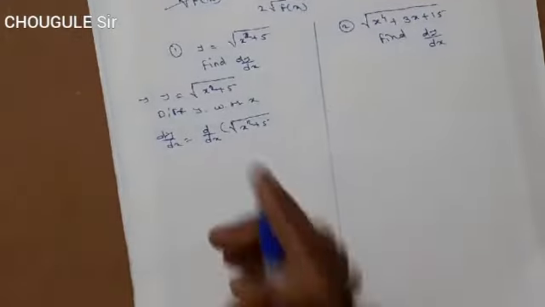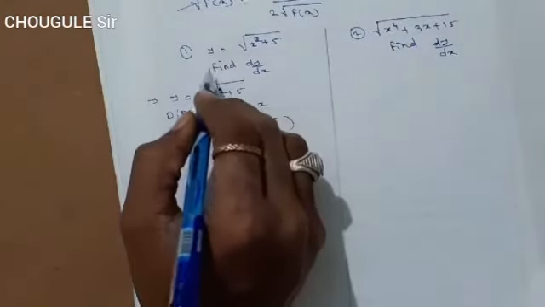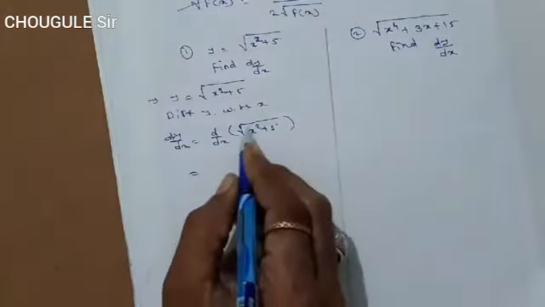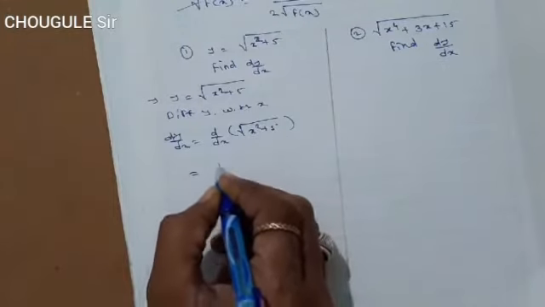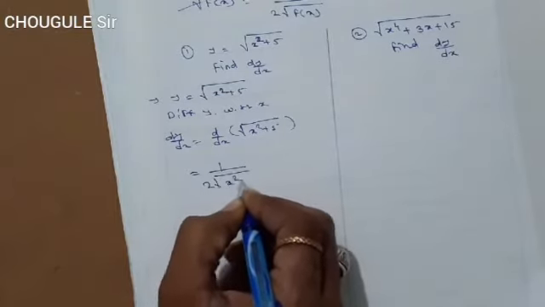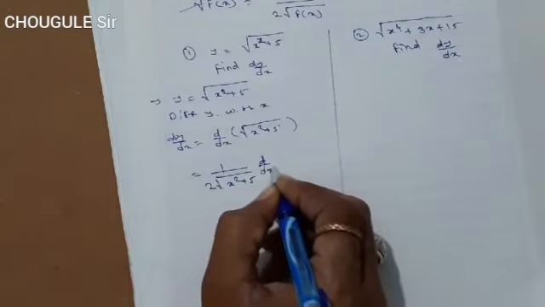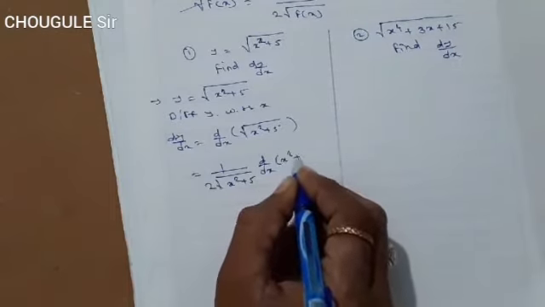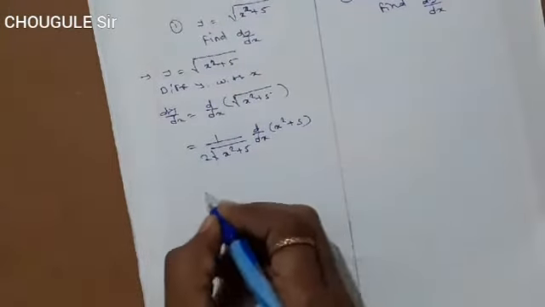Okay, so solve the example. On the first formula based problem of the root function, the answer will be 1 by 2 under root x to the power 2 plus 5, into the derivative of x square plus 5.